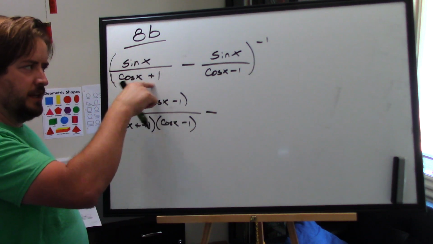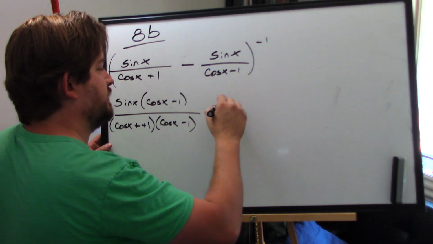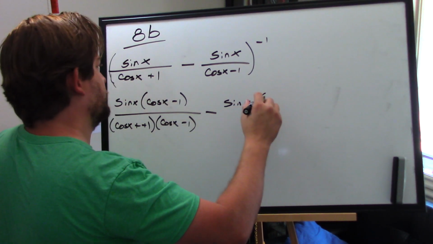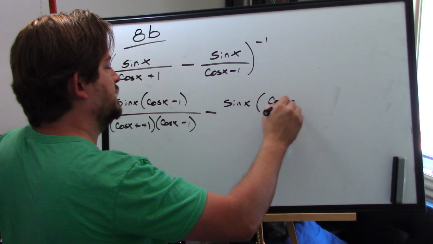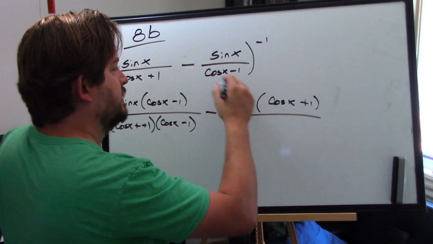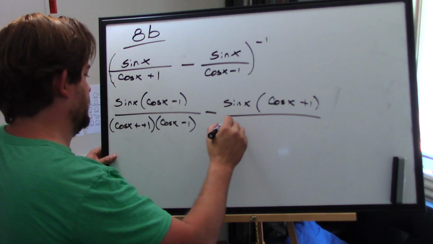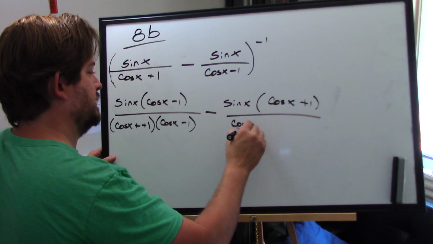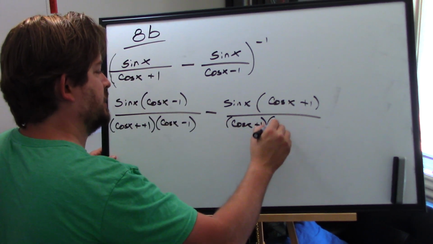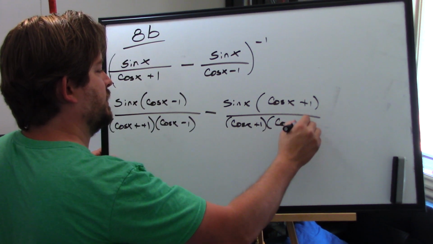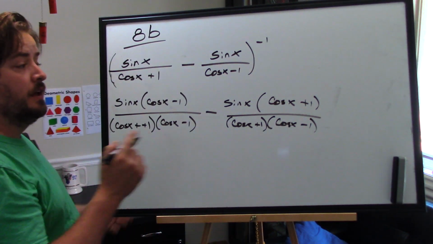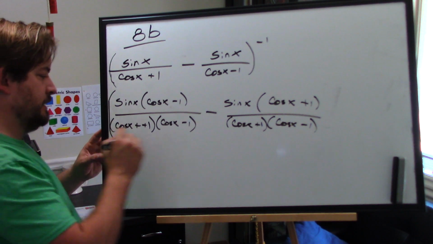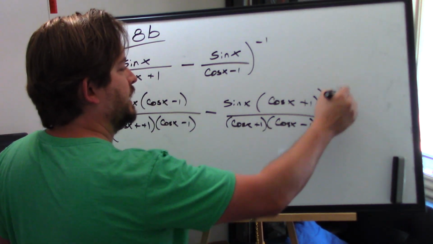Minus, and then this cosine x plus 1 gets multiplied up, so I have sine of x multiplied by cosine of x plus 1, all over the combined denominator here again of cosine of x plus 1 times the cosine of x minus 1. And don't forget that this whole thing is still to the negative 1.